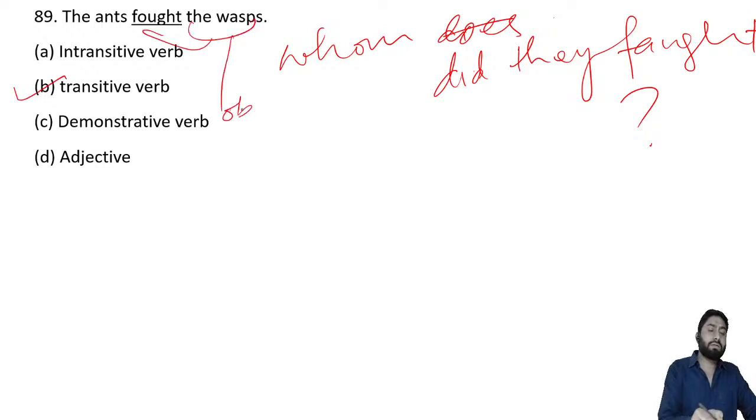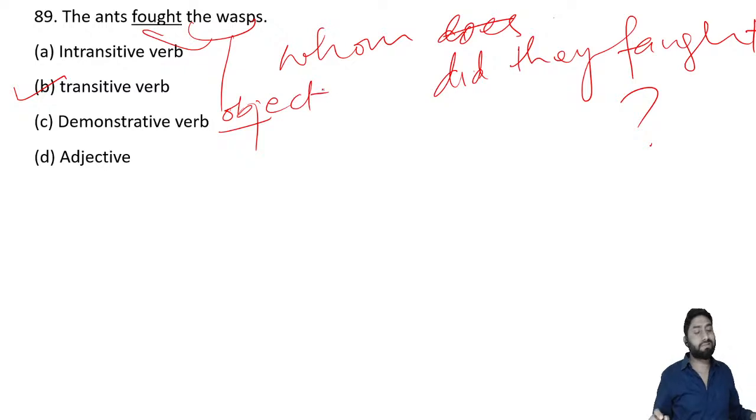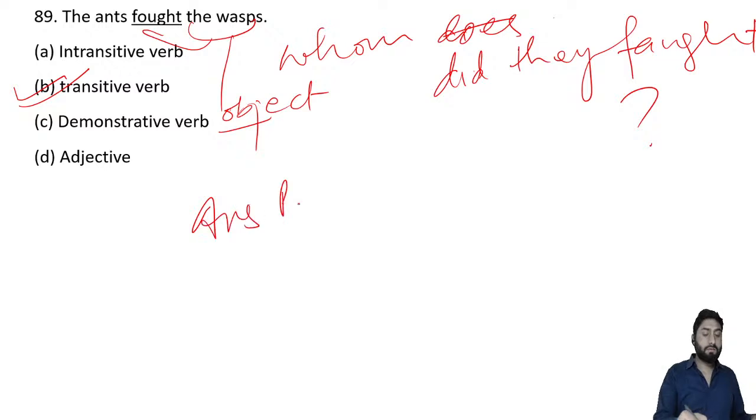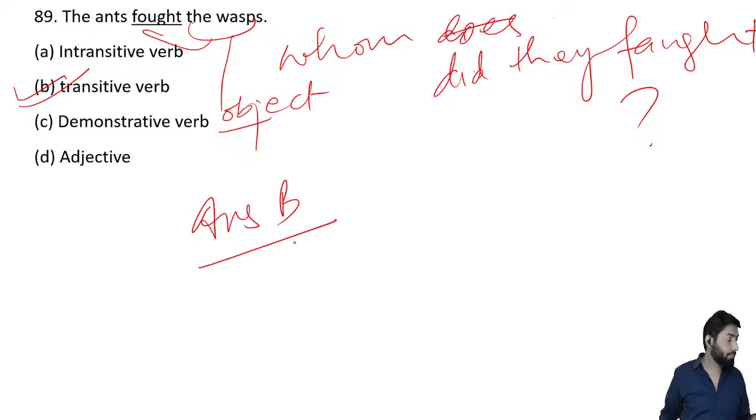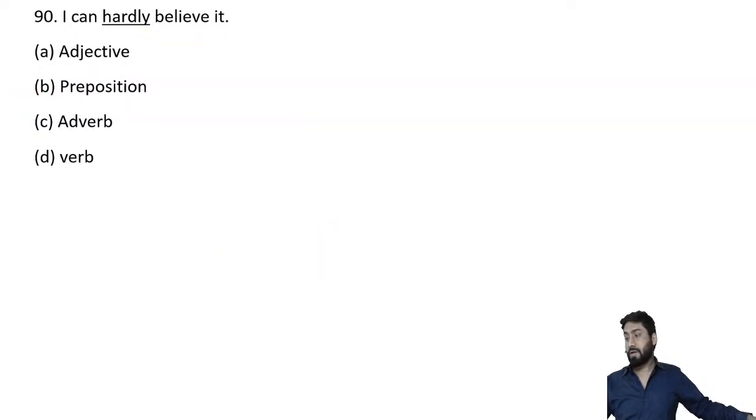We know what transitive means: when a verb's effect is not limited to the subject only, it also affects the object. And we know how to find it out, right? What and whom questions and all. We have been doing that since childhood. So the next one is easy too. So the answer is B, 89. Next, move to the next one.